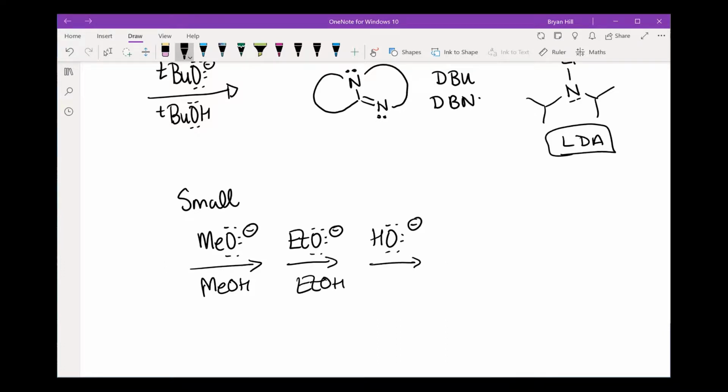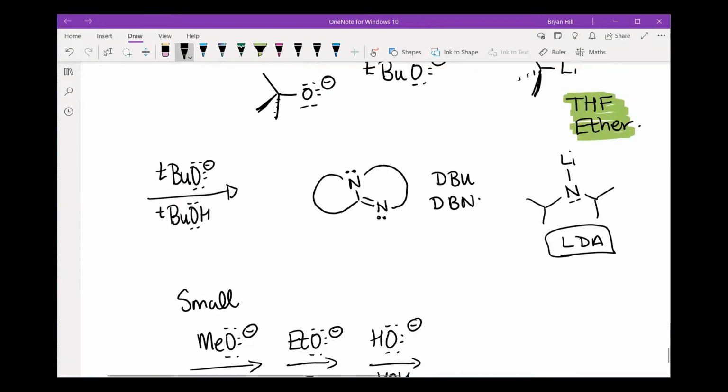With hydroxide, water. A lot of organic substrates aren't soluble in water, so sometimes you'd use something else to help solubilize that. But that's why hydroxide isn't used as much, because this can complicate things a bit. But anyway, what we'll use the most is methoxide or ethoxide. So these would be small bases.